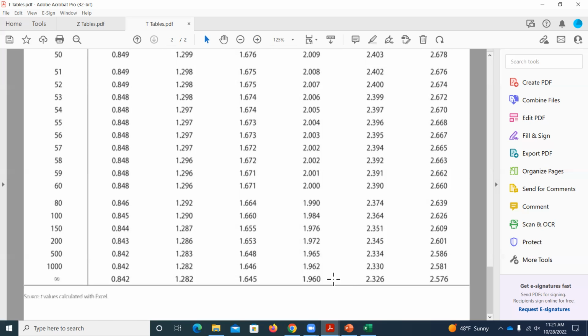But even notice, even if I can get a sample size of 1,000, right? The value we found from our standard normal distribution was 1.96. Once I get to a sample size of 1,000, I'm almost there, right? That student t distribution is getting closer and closer to looking like the standard normal. So if I, in fact, could have an infinite sample size, I'd find that it was exactly equal to that standard normal distribution.